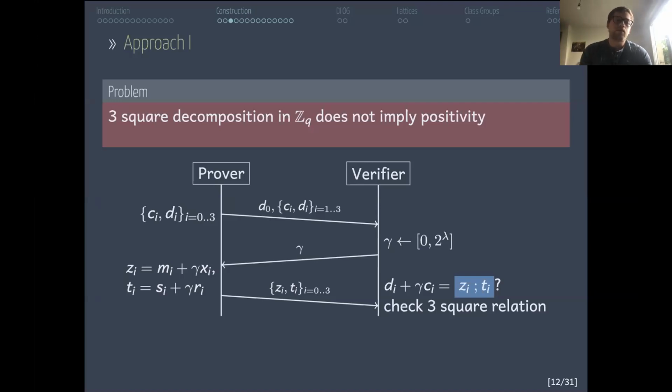So we have no information about whether or not the decomposed integer is actually positive or negative. This is of course a problem because that's what we need for range proofs: we want to have information about positivity or negativity.